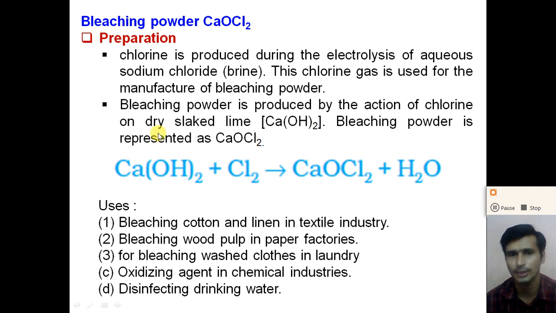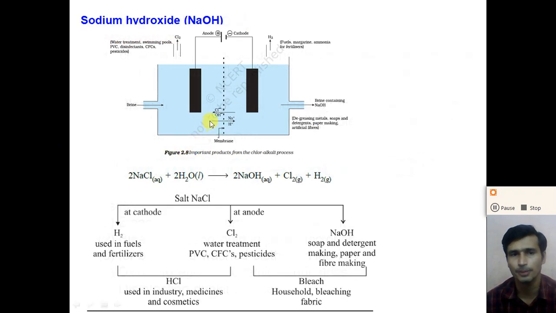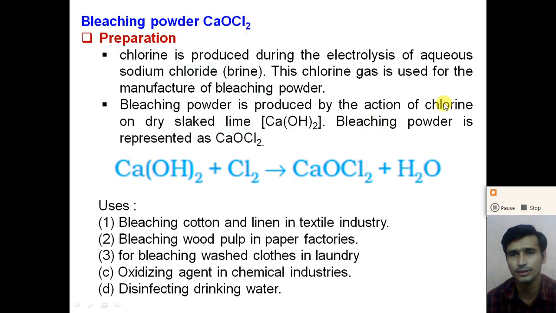We discussed this chloralkali electrolysis process of sodium chloride in the previous topic, and this chlorine gas is used for the manufacture of bleaching powder.